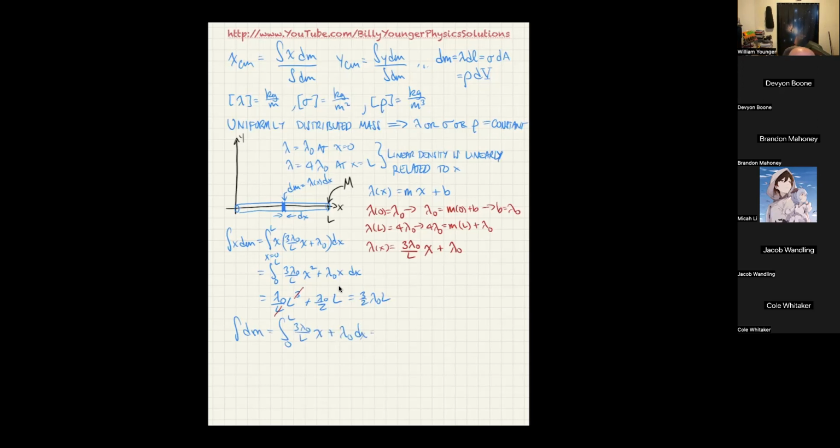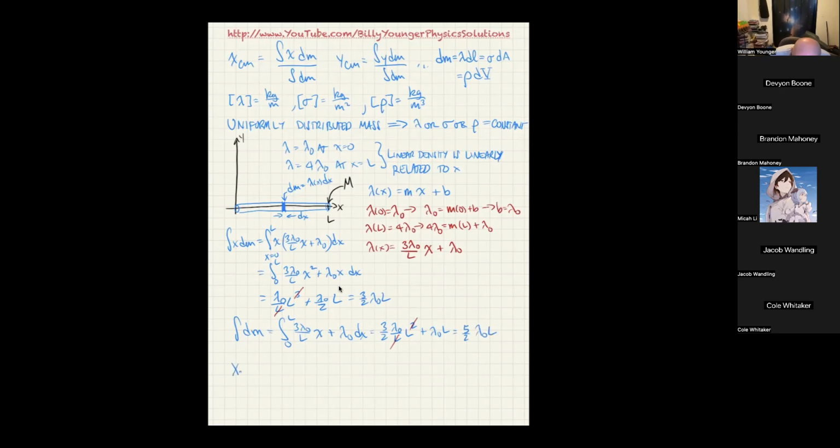That's going to give me, instead of x cubed, because now it's just the x to the first power, 3/2 lambda 0 over L times L squared plus lambda 0 times L. You can, of course, cancel out that L with this, and now I got 3/2 plus 2/2 is 5/2. That gives me 5/2 lambda 0 L.